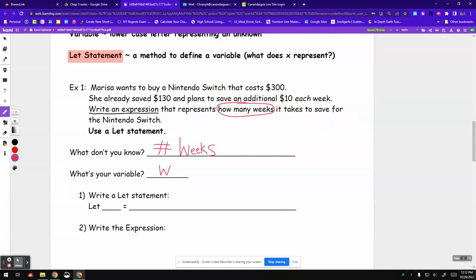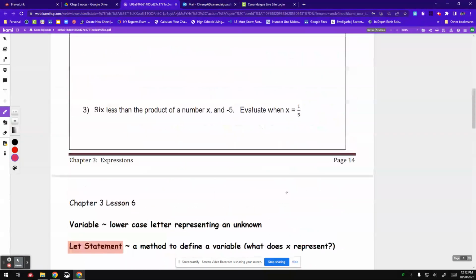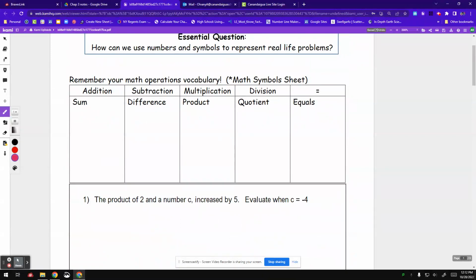I also see something else in this question that reminds me about some more key words. I'm going to take that word each and go back up to this chart and add each, every, and per to my multiplication list. P-E-R, per. Each, every, and per.